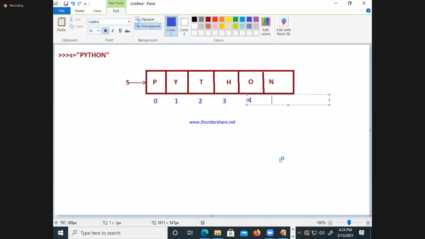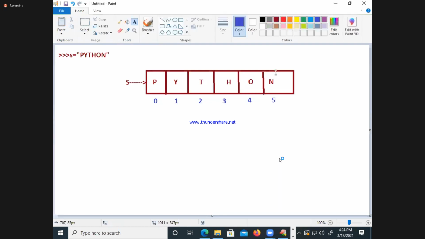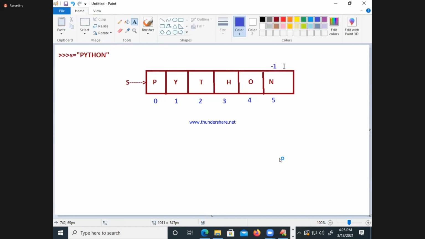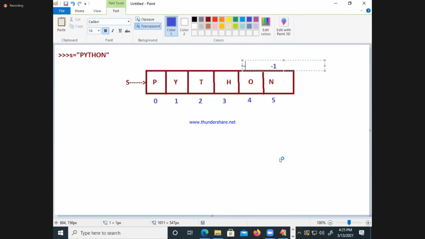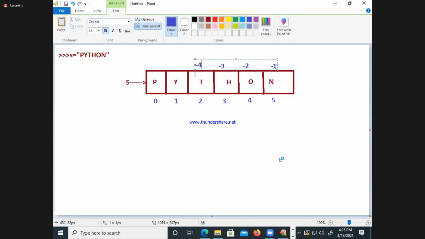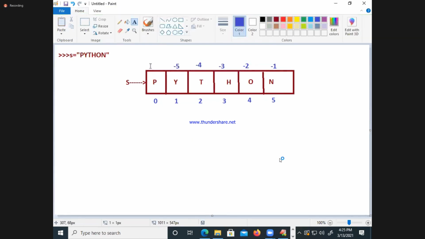And the negative side also you write: -1. Please remember it is from right to left. -2, -3, -4, -5, -6.